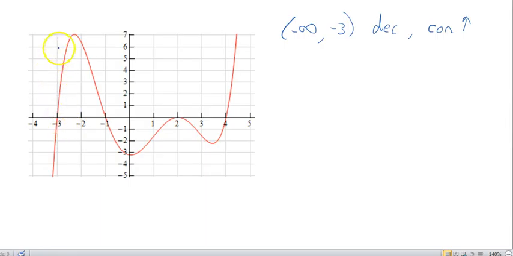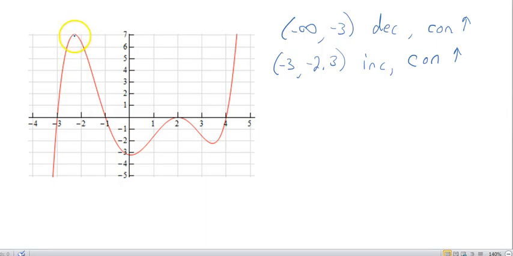Then from negative 3 to what I'm going to say is negative 2.3, it is above the line. So from negative 3 to negative 2.3, above the line means that we're increasing. And again, the fact that the derivative graph is increasing means we are concave up.